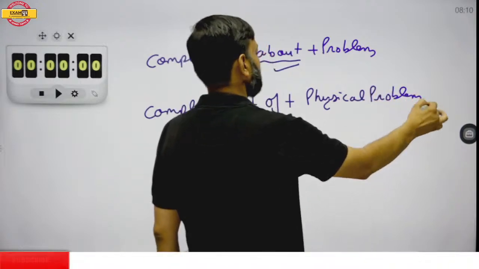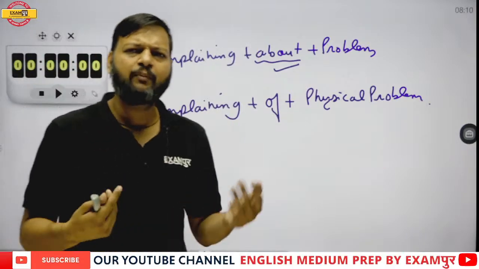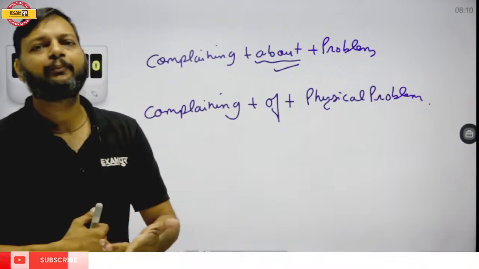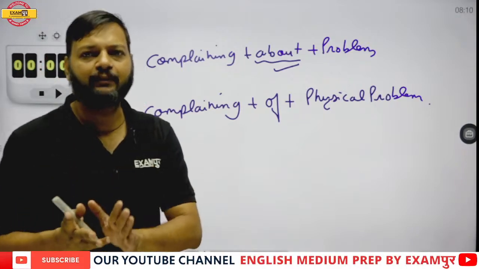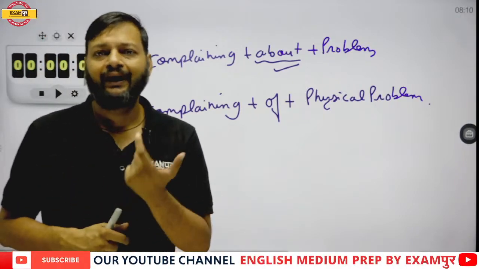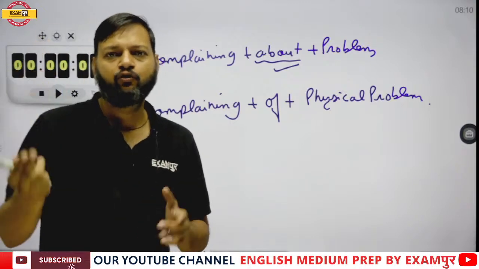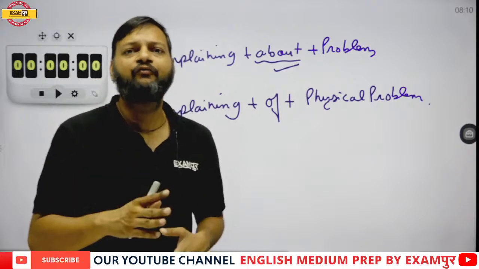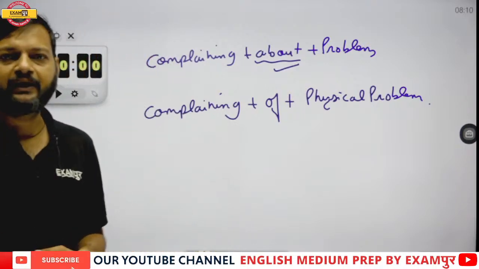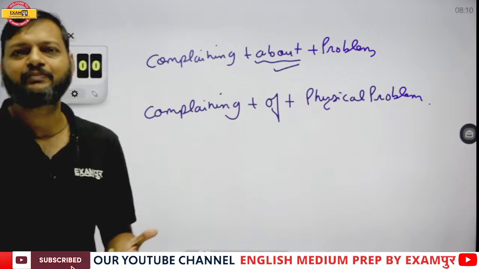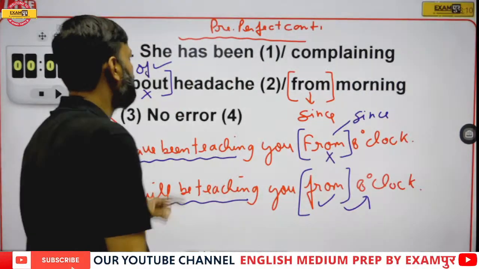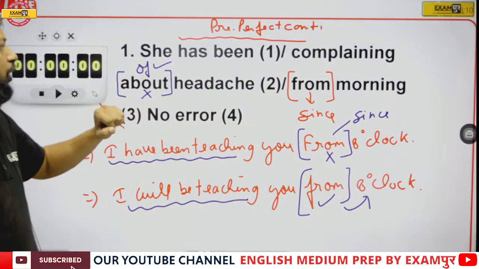Although about is also considered right, of is more appropriate if we are talking about a physical problem. Now headache is a physical problem. So about, although it is correct, is less appropriate than of. Here about will be replaced by of. Okay, so she has been complaining of.